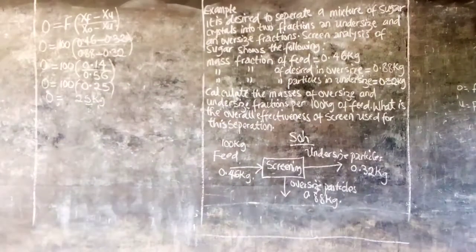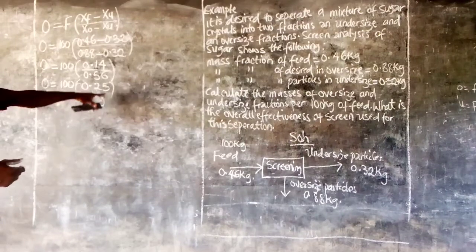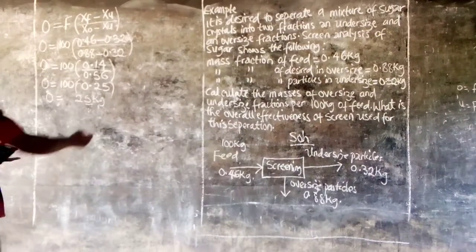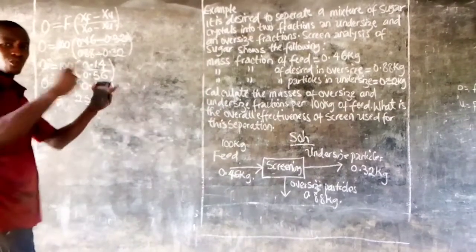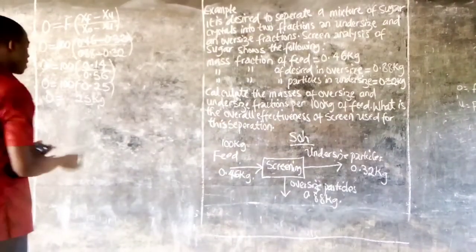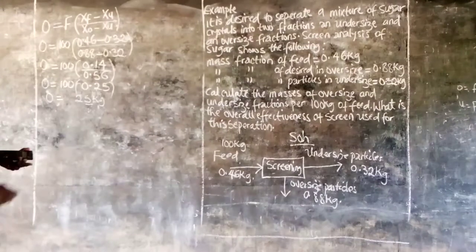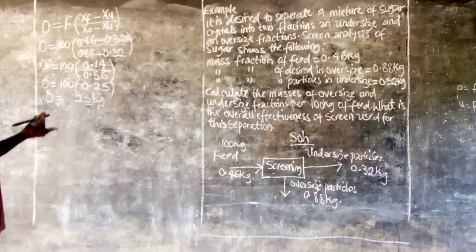And so the amount of oversized materials in 100 kg of the feed, when it was screened, in the screening we had 25 kg.